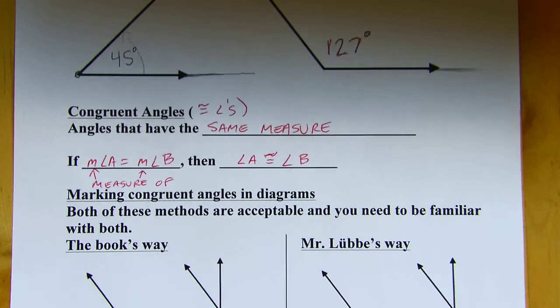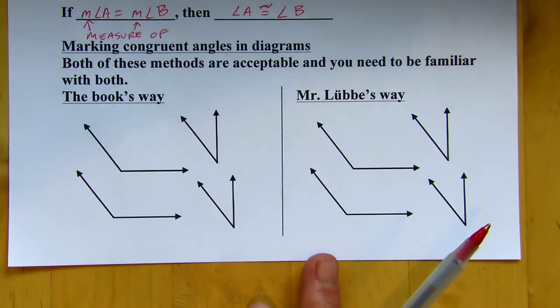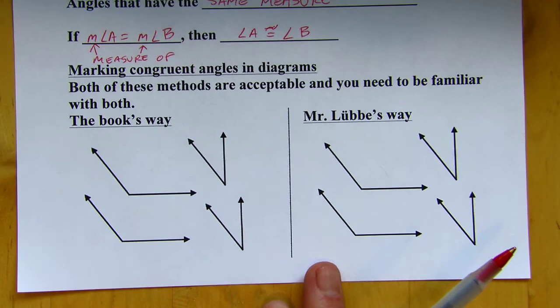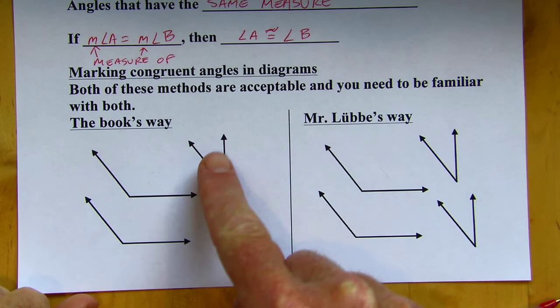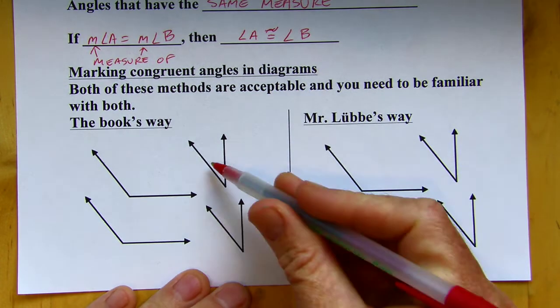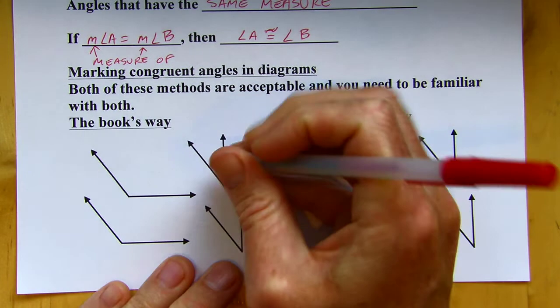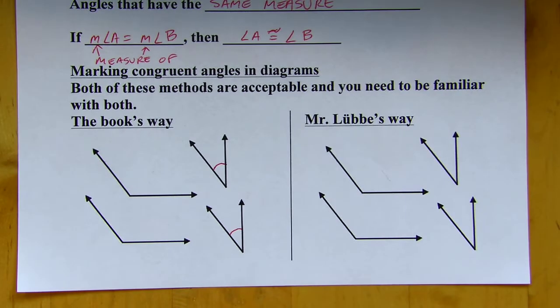All right, now I'm going to talk about diagrams, how to mark congruent angles in diagrams, okay? So we've got clearly these two angles are congruent and those two, well, not clearly, but they are, right? So these two bigger angles are congruent. The two smaller angles are supposed to be congruent. What the book is going to do if they want you to know for sure that these two smaller angles are congruent, they'll just put a little swoosh in both of those, okay?